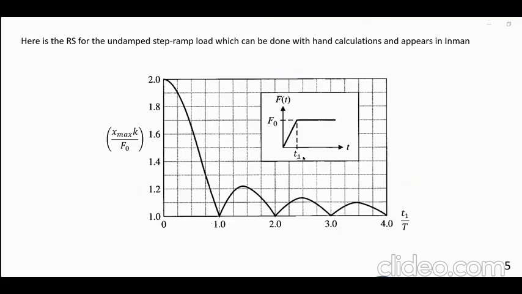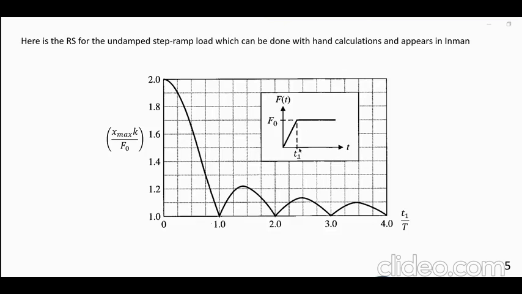So this is the only one that we're going to discuss in this course. There are other ones, but here is a suddenly applied load. But it's sudden only if T1 is 0, right? If T1 is 0, it starts exactly at F0 and it keeps going. But generally speaking, you cannot start something suddenly. There's always a ramping, and then it stays like that.